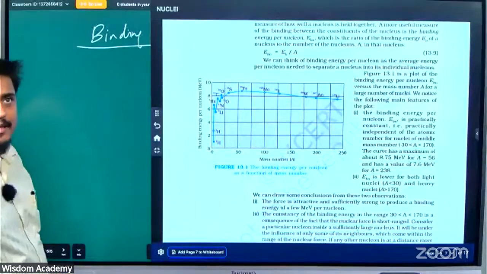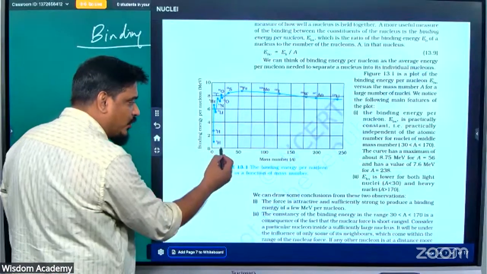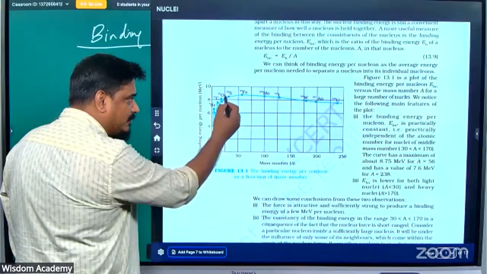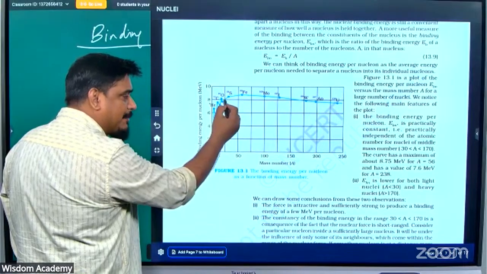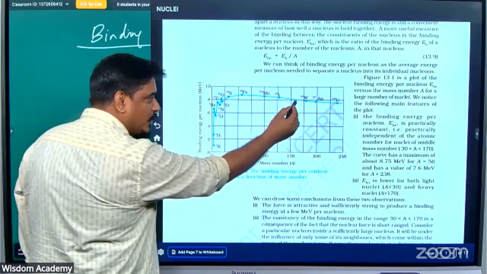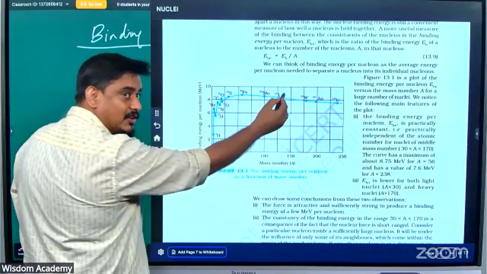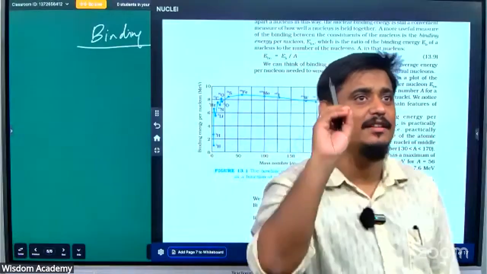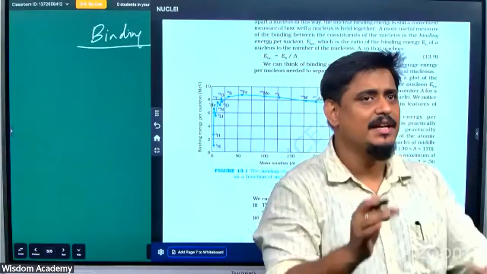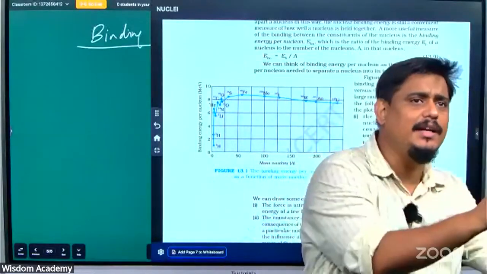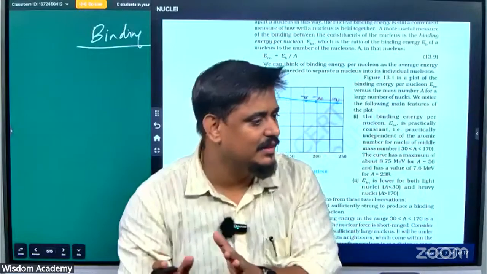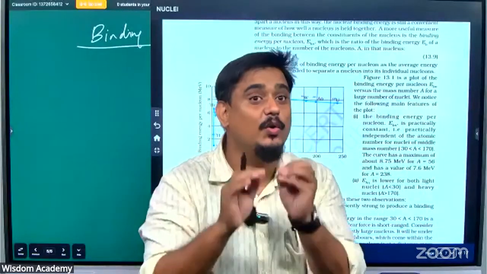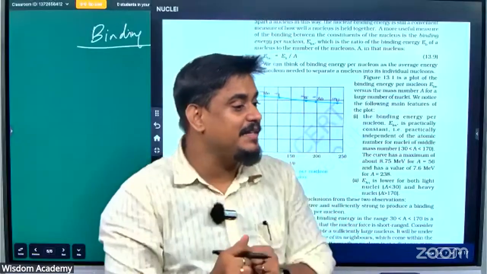Are you able to feel that? Somewhere here 30 will come, where the graph becomes above 8, and around 170 it goes below 8. So most of the elements with mass number between 30 and 170 show good stability because their BEN is more than 8.